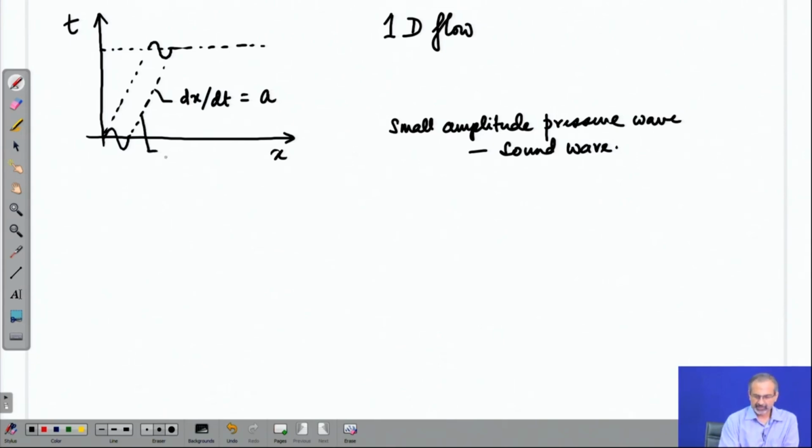We said that these lines are the characteristic lines. And we see these characteristic lines in wave propagation problems.